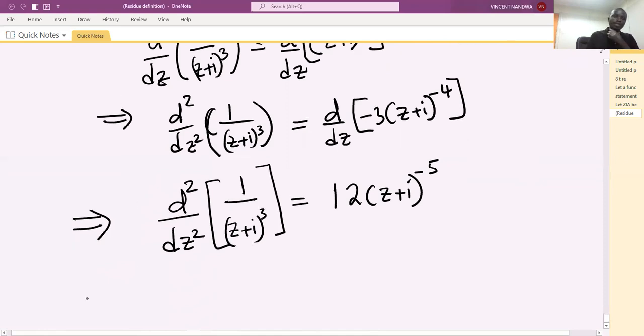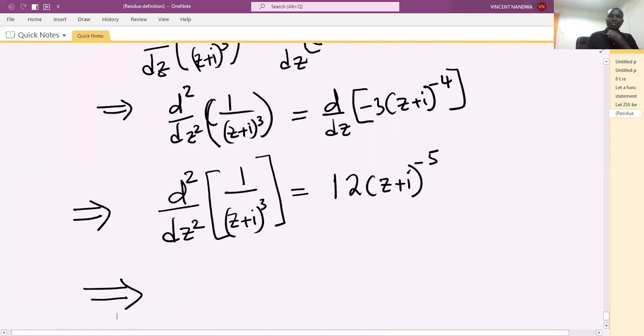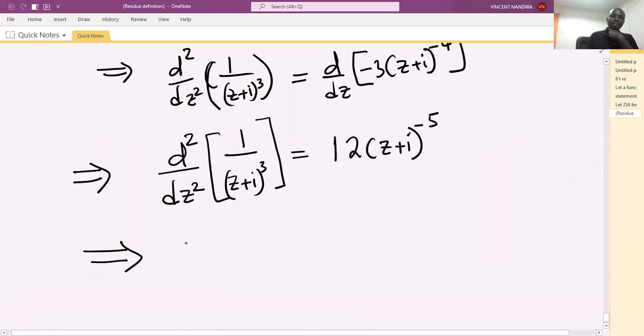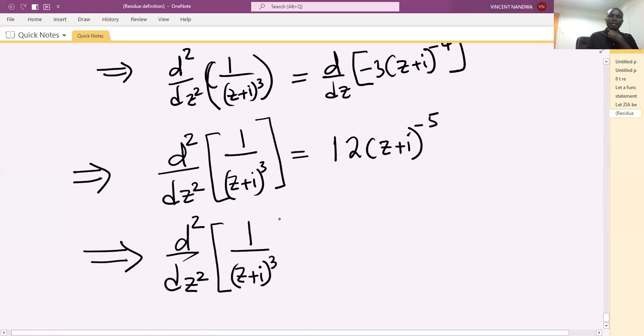So which means that the value of the second derivative of the function 1 over z plus i power 3 at z equals i is the same as 12 times i plus i power minus 5.